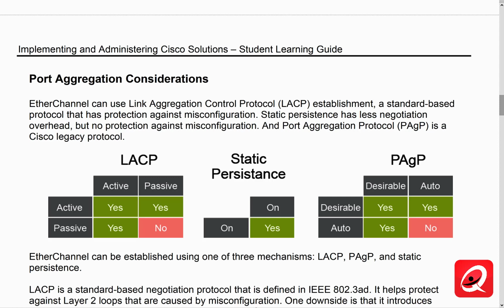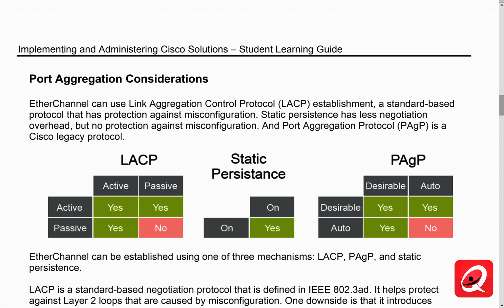Because we are joining multiple interfaces together, there is an algorithm that has to be used to decide how we're going to load balance over those port channel interfaces, or those EtherChannel interfaces, I should say.